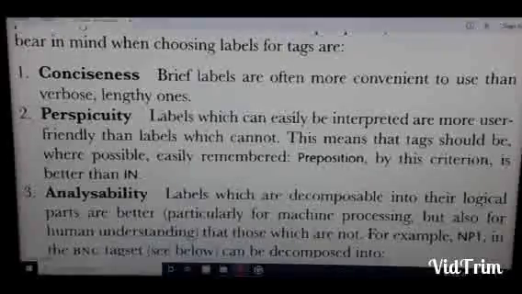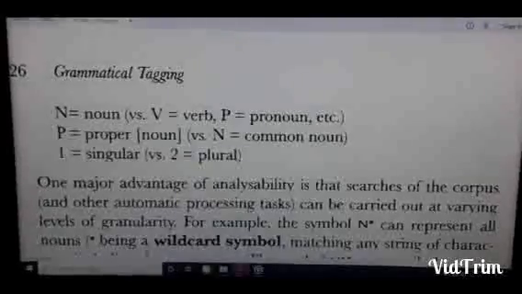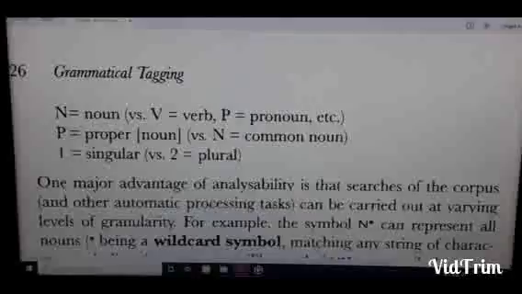For example, NP1 in the BNC tagset, see below, can be decomposed into N equals noun versus V equals verb, P equals pronoun, etc.; P equals proper noun versus N equals common noun; 1 equals singular versus 2 equals plural.